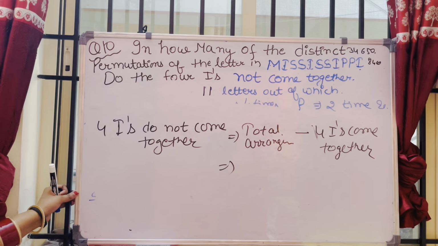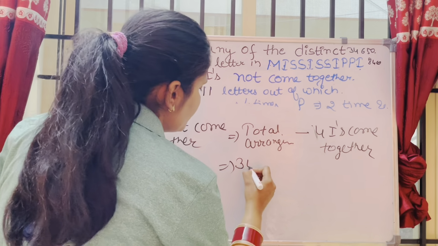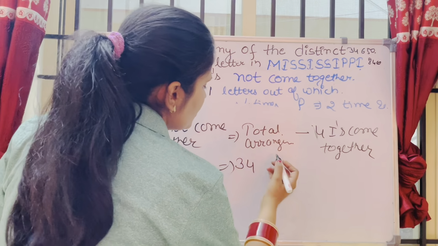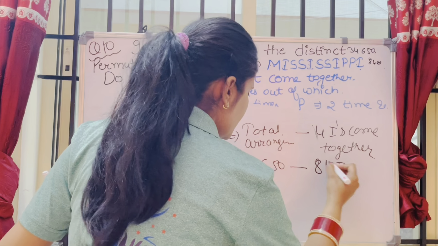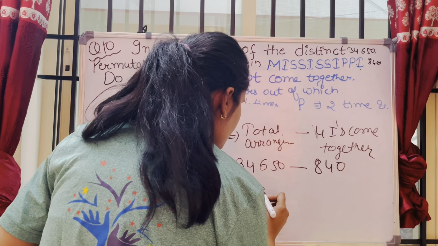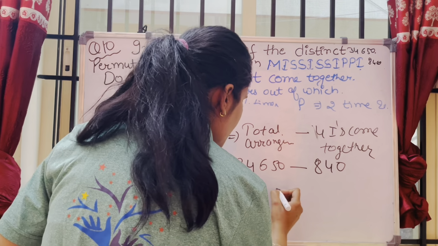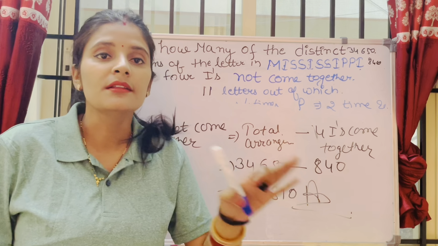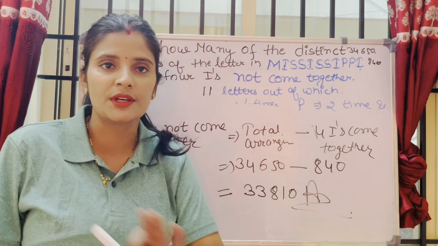So total arrangements are 34,650 minus 840, where 4 I's come together. Then you will get the answer, that is 33,810. So 33,810 arrangements are possible when all I's do not come together.